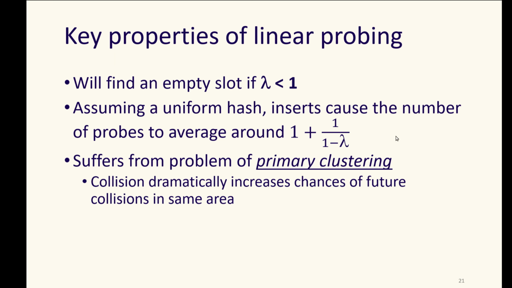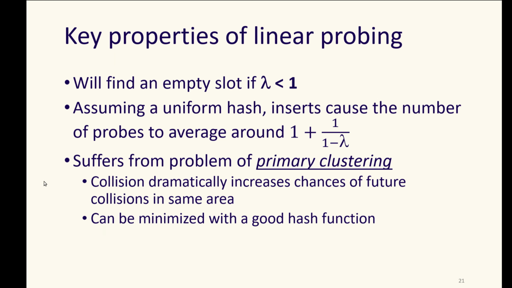We saw that with the previous one, where things were filling spots that we had probed to find their location, and we have to keep stepping past all of those that are filling up the spots that might have been empty if we had used the bucketing kind of approaches. This can be minimized if our hash function is good, if we're not hashing to an overly clustered region of our space. The performance definitely degrades quickly when our load factor gets greater than 50%.